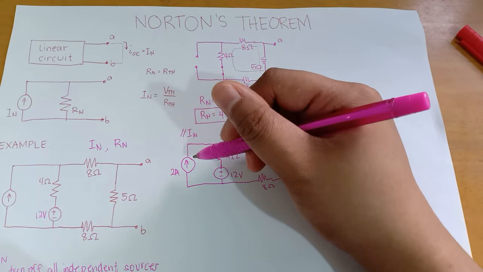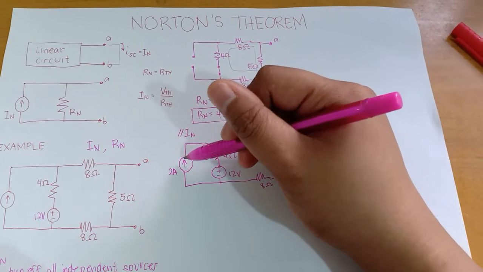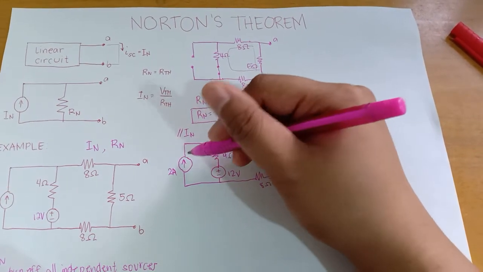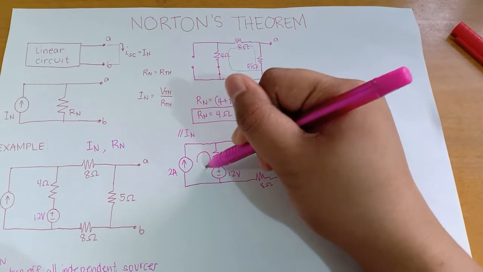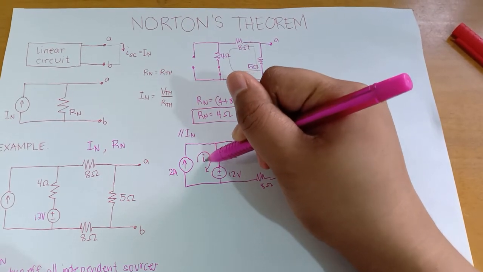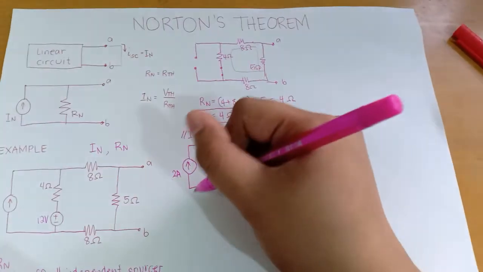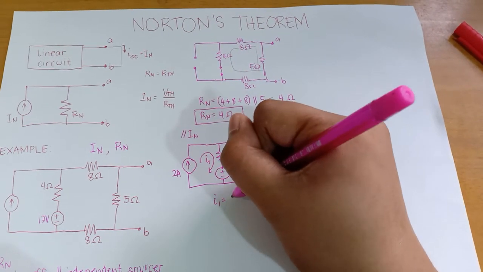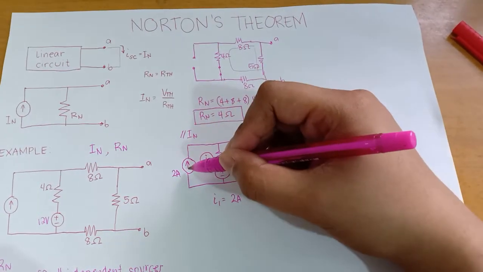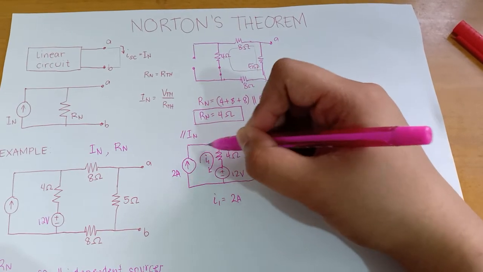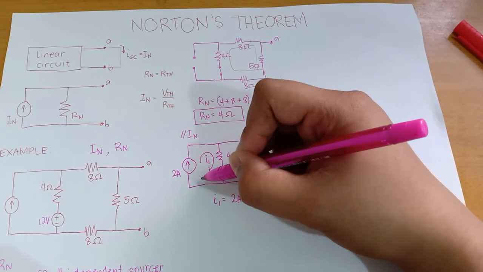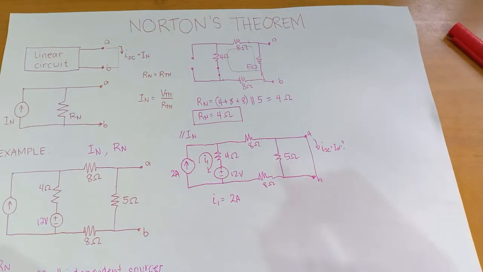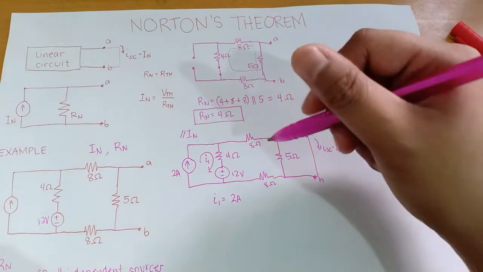Baka kasi mag-fall under case 1 or case 2. This example, case 1 to. So, ito yung I1. So, I1 is automatically equal to 2 amps. Same sila ng direction, right? Papunta dito yung current source, papunta dito yung sinet natin. Automatic, I1 is 2 amperes.